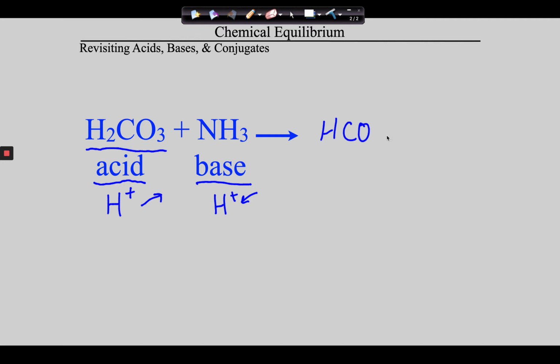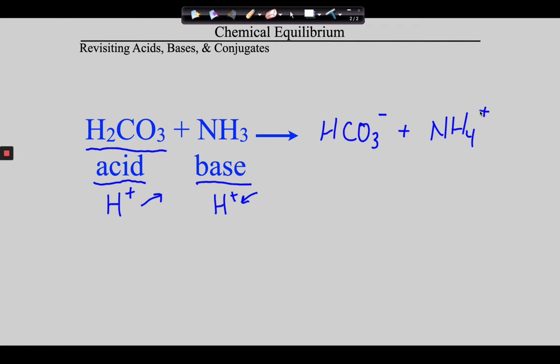And when we do that, our product is HCO3, and remember the charge becomes minus because that proton is positive. Now, where did that proton go? Well, the answer is the proton went to the NH3, and when that happens, our other product then is NH4. But remember, the NH4 becomes positive because it takes in that positive proton, and we end up with NH4 plus.